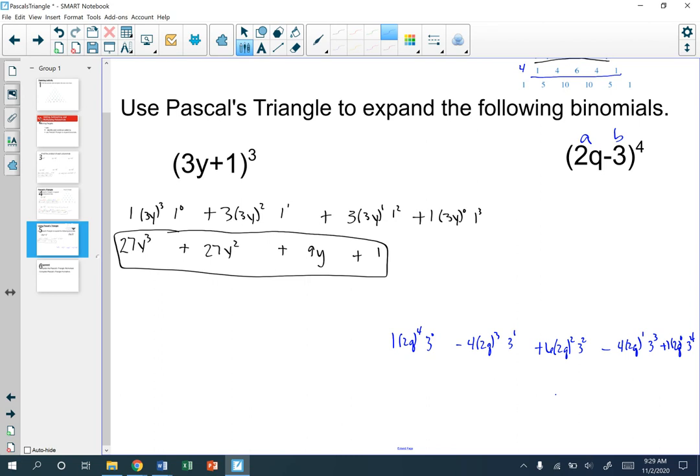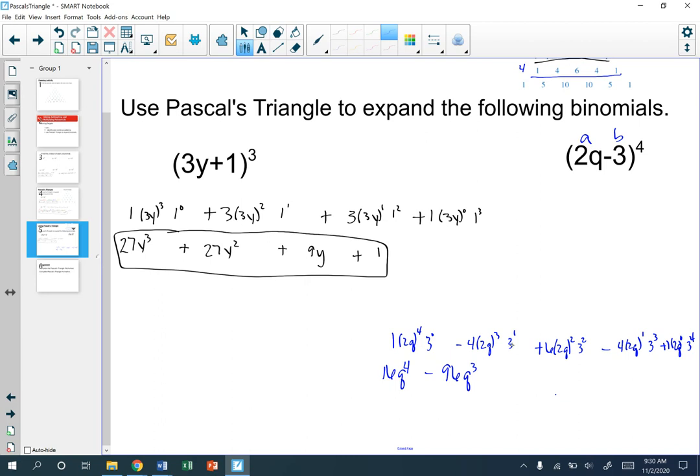So I'm going to clean this up. I have 2q to the 4th. 2 to the 4th gives me 16, times q to the 4th gives me 16q to the 4th. 3 to the 0 is just 1. Minus 4 times 2q cubed is going to give me 96q cubed.